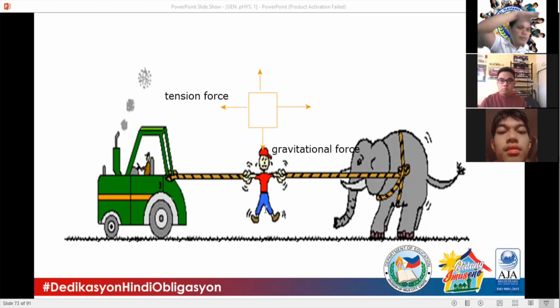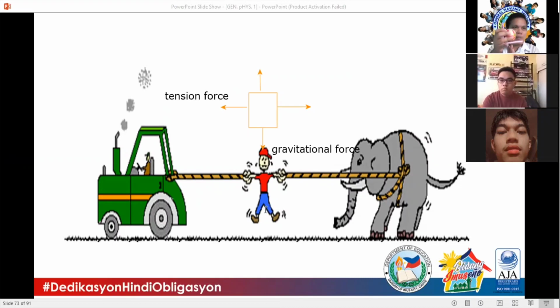Pero si upuan, pinupush din ng weight mo. So, kung ito ang upuan, ito ka, yung weight nito is affected by gravitational force, downward force yan.